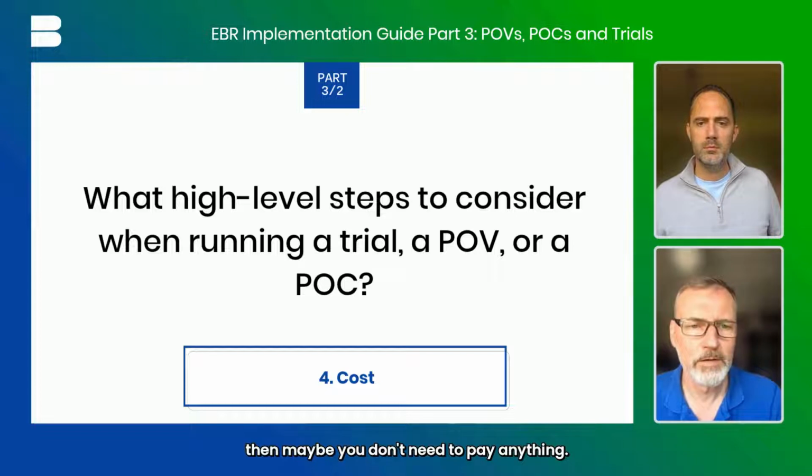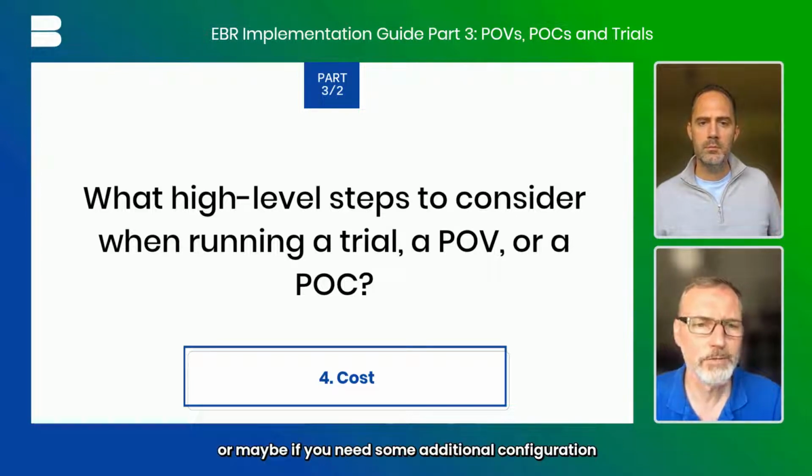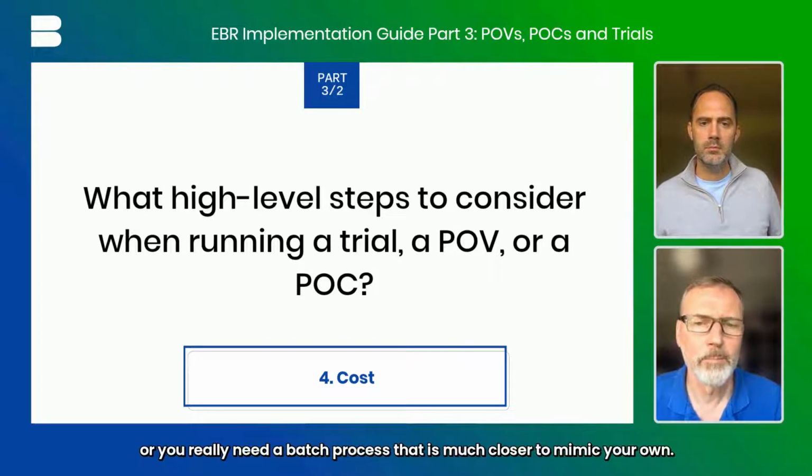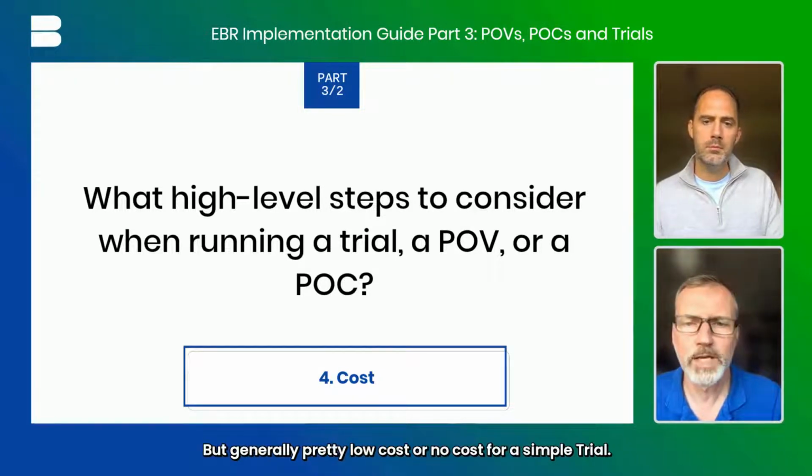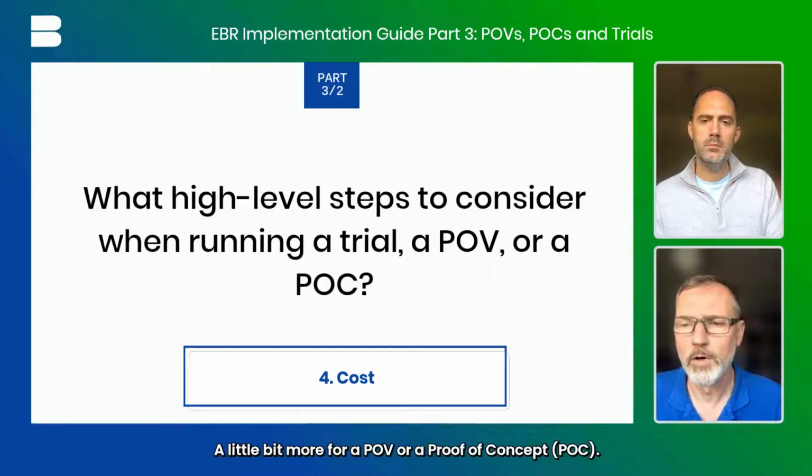Or maybe if you need some additional configuration, or you really need a batch process that is much closer to mimic your own, maybe you need to pay the company a little bit of money to set up that process. But generally pretty low cost or no cost for a simple trial, a little bit more for a POV or a proof of concept.